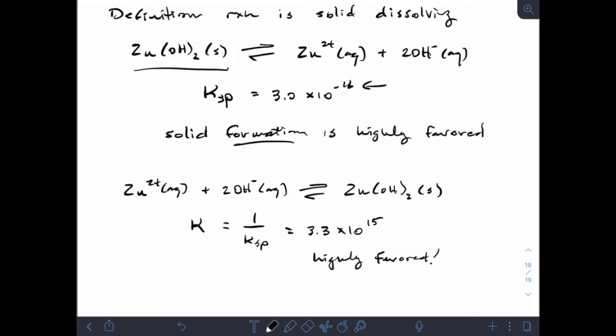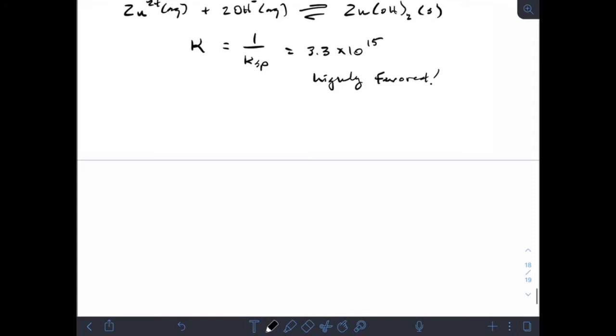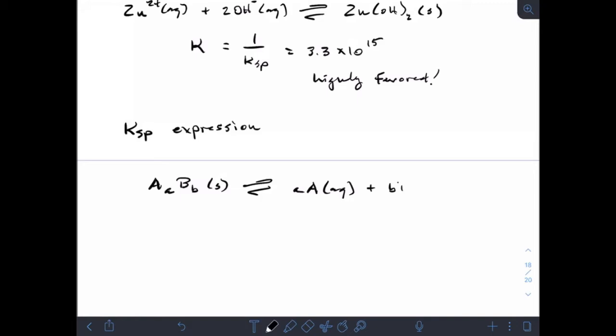All right, so let's talk about the Ksp expression. We've done K expressions, and we've done Ka expressions and Kb expressions. Ksp is exactly the same. So if I have some solid and it makes a of A aqueous plus b of B aqueous, the Ksp will take the same form as everything else.